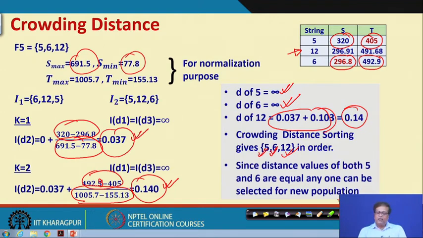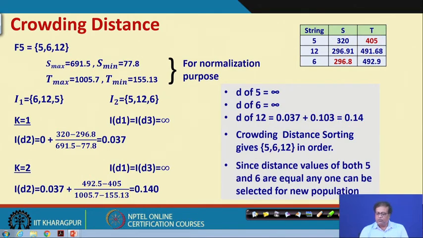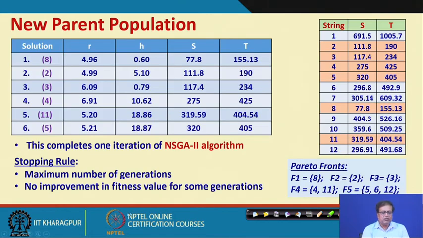So supposing I choose 5, that will now form our new population. So what is our new population? Look here, this is our new population: 8, 2, 3, 4 and 11, which are in the earlier fronts, and then 5 is chosen. They will form our new population.